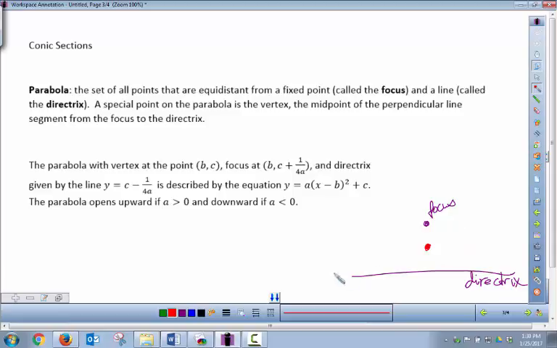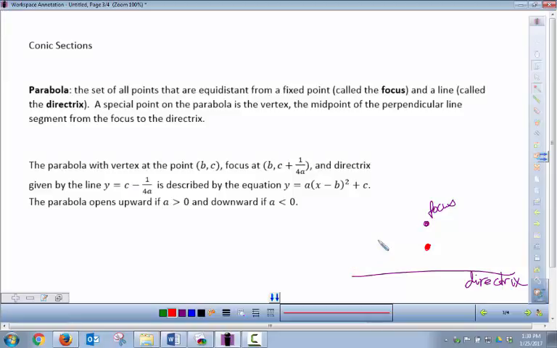The first point to look at is the one directly in between the focus and the directrix. If I randomly pick a point over here, the distance from that point to the focus is clearly larger than that point to the directrix, right? So that's not a point included in my parabola.